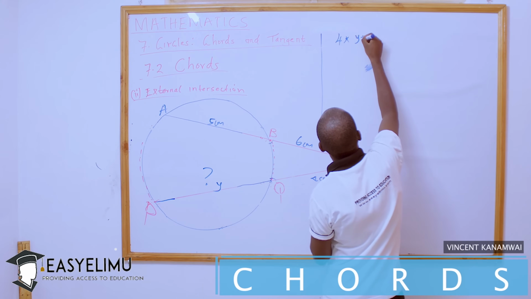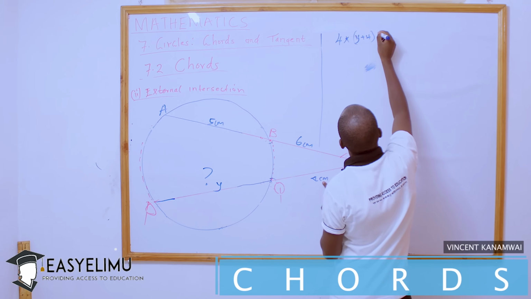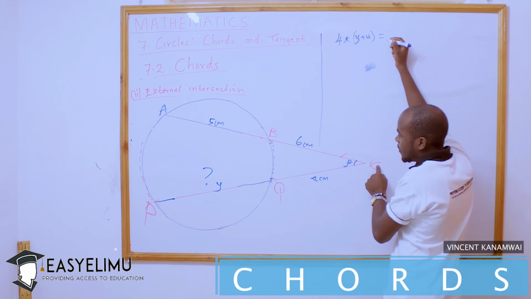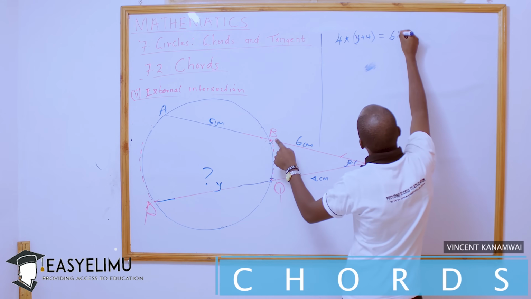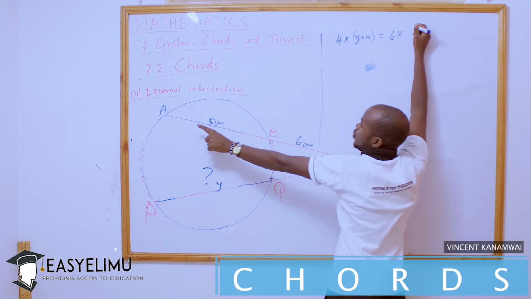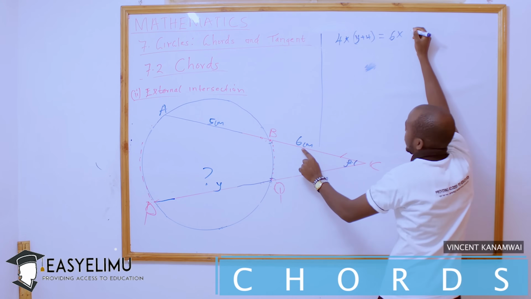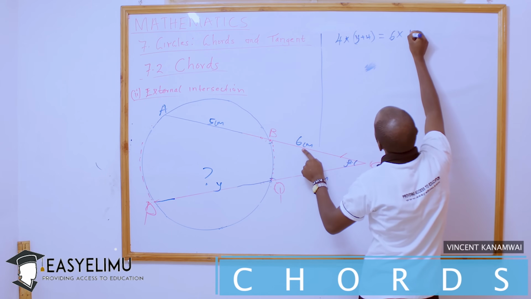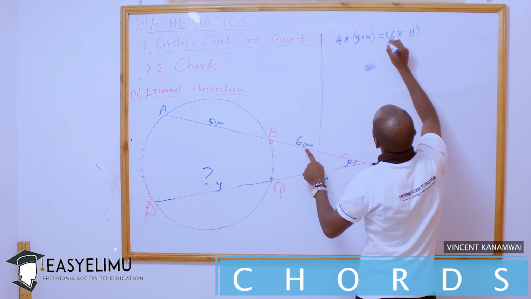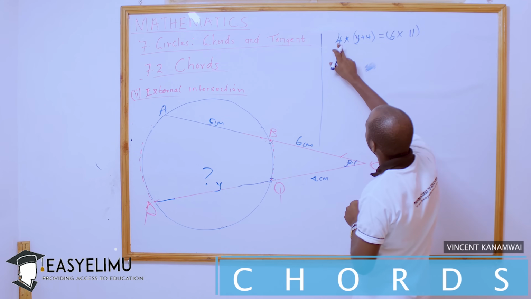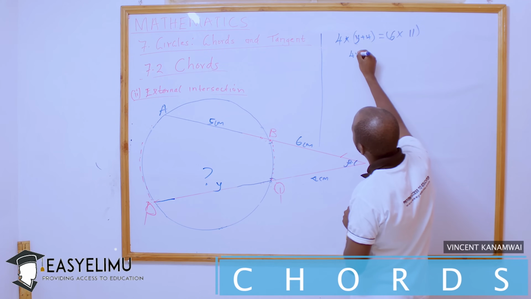That is our total, y plus 4. If we multiply that way, we shall find CB, which is 6, multiplied by C to A. So it will be 5 plus 6, which is 11. So if you do that, you're going to get 4 multiplied by y, which is 4y.